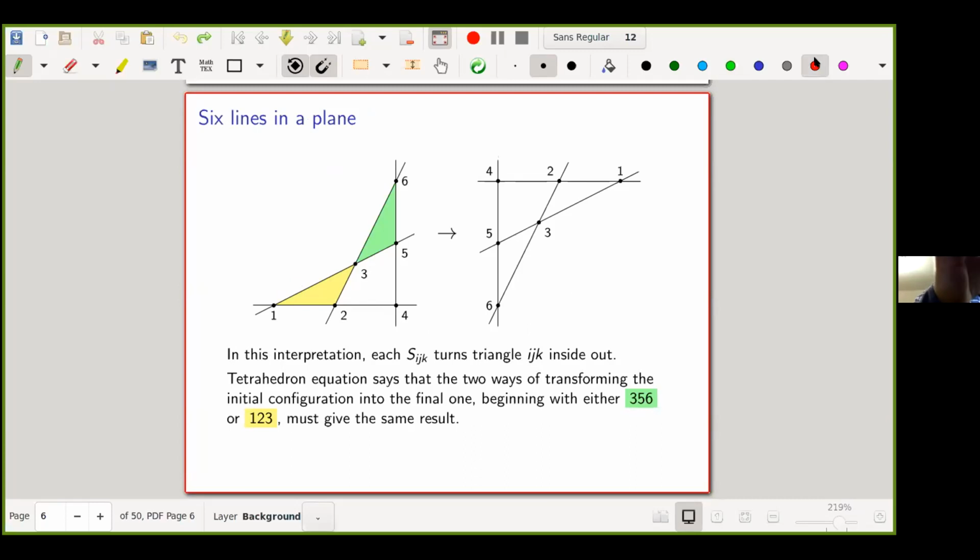You draw this line here, and so it is not like this, but now like this, and this green triangle is now here, and then you do those transformations.